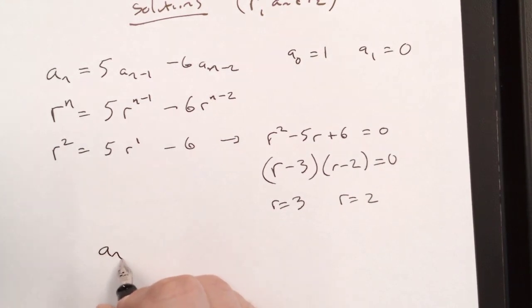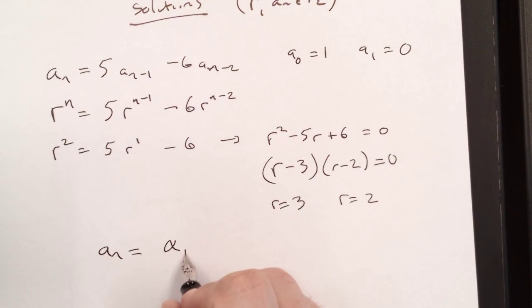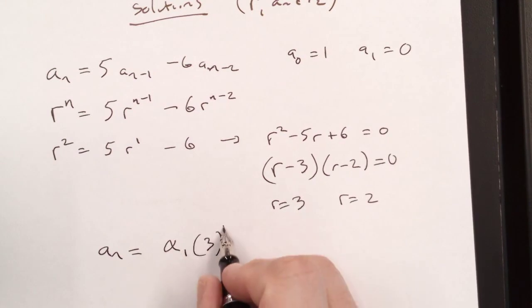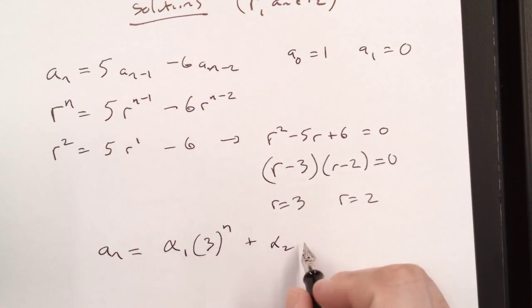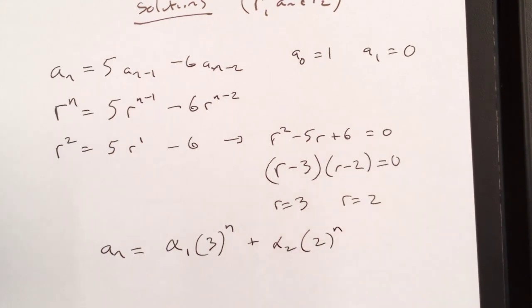That means that an should be some number times 3 to the n plus some number times 2 to the n. And if you put them in the other order, big deal. How do I find alpha 1 and alpha 2?